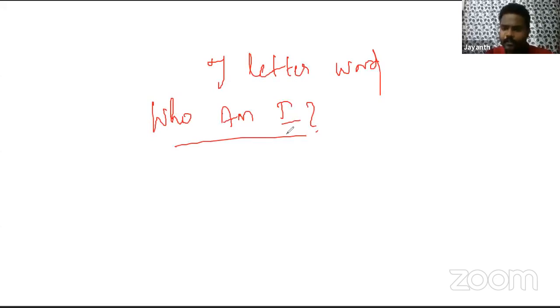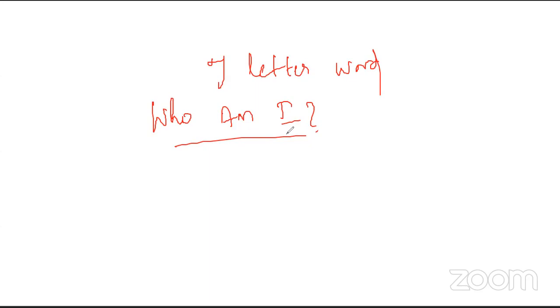I'm a 7-letter word. If you remove the first letter, the meaning of the word remains the same. If you remove the second letter, the same. If you remove the third letter, the same. If you remove all the letters... Nothing, sir. What?